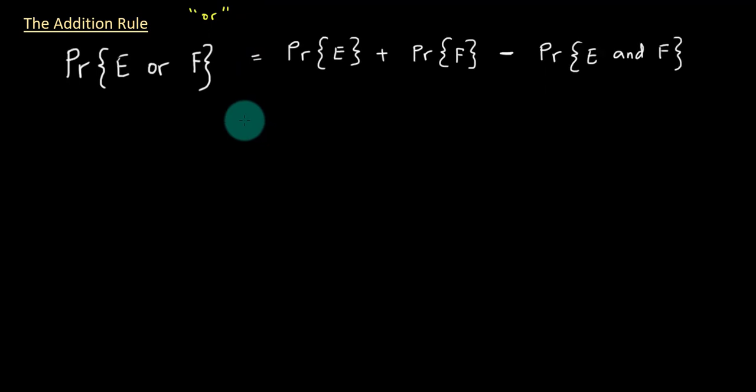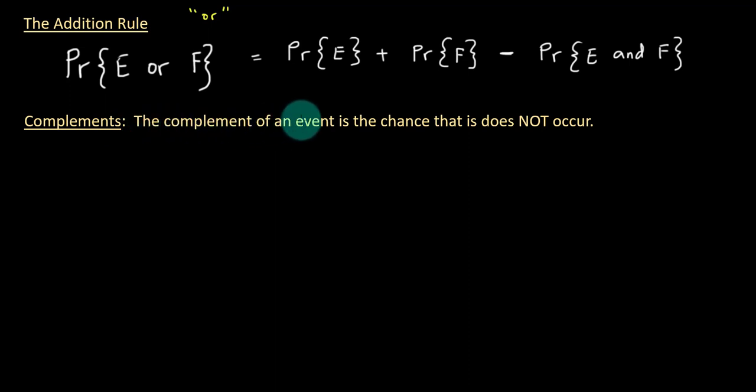Secondly, let's look at complementary events. The complement of an event is the chance that it does not occur, and this is often denoted as the probability of an event that does not occur, or the complement of that event.